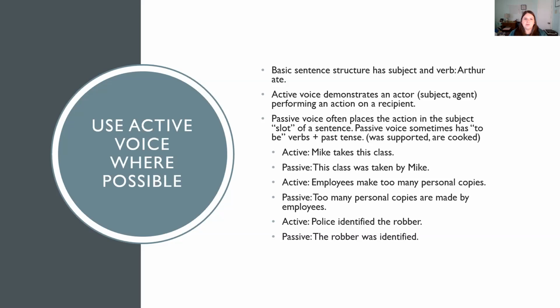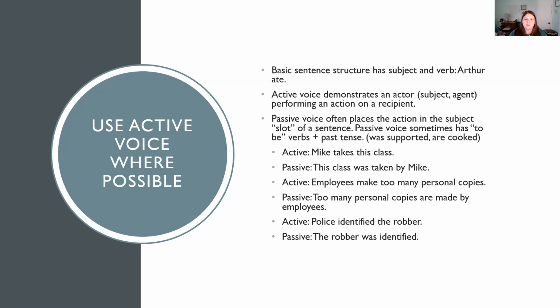I want to be very clear that passive voice is not the same thing as past tense. So past tense is anything that happened in the past. Passive voice is discussing something passively, right? So in a sentence like Arthur ate, ate is a past tense verb, but ate in and of itself is not passive voice.